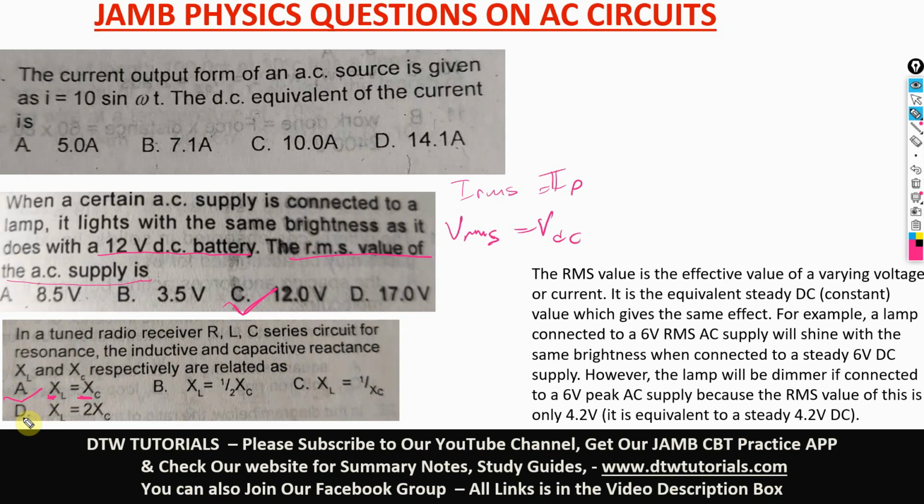The option here is A. At resonance, XL is equal to XC, and Z, your impedance, is equal to the resistance, not reactance. As I said earlier, your impedance is your resistance plus reactance, either in the inductor or the capacitor. But in resonance, XL is equal to XC, and Z is equal to R. All right, let's go to the next one.